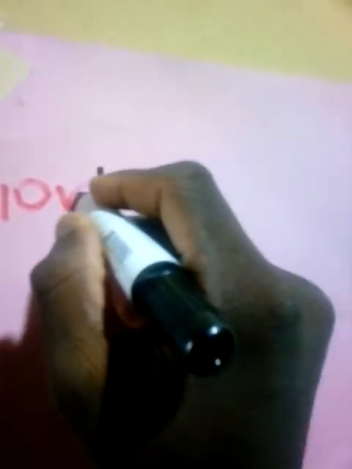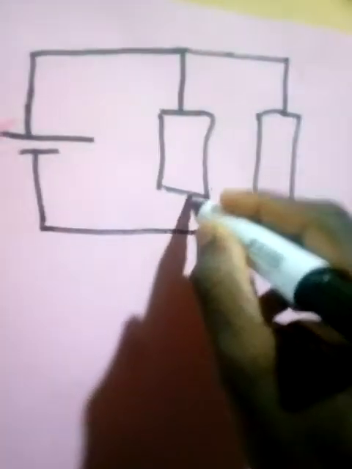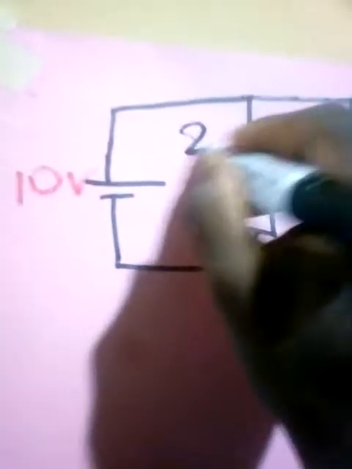If I have a battery of, let's say, 10 volts, connected to 2 resistors, this resistor is 2 ohms, this one is 5 ohms.